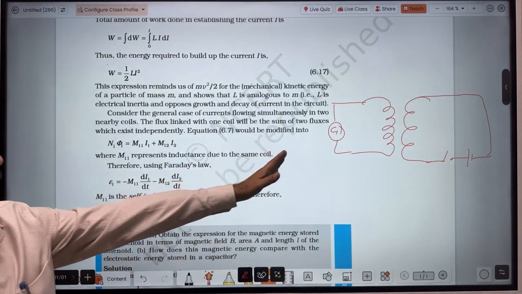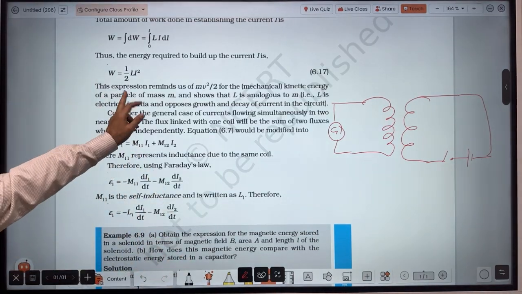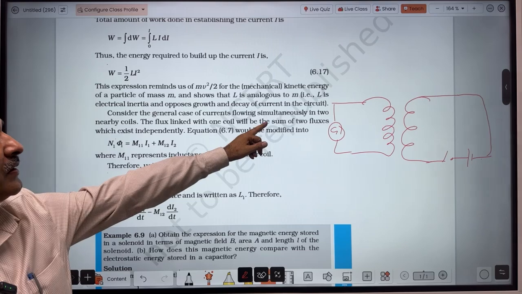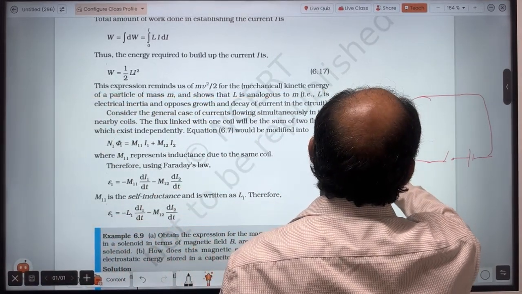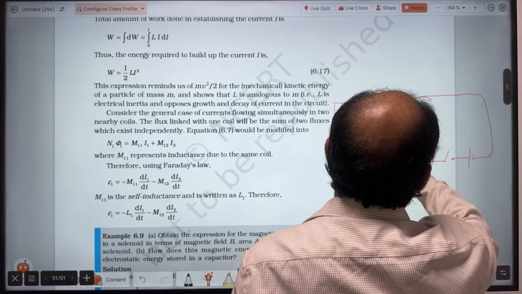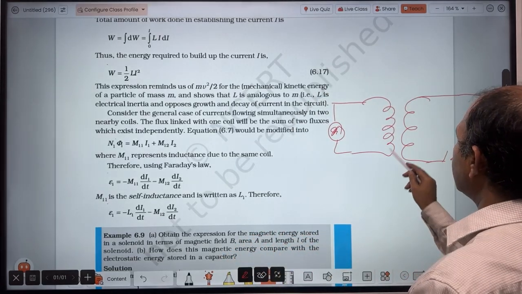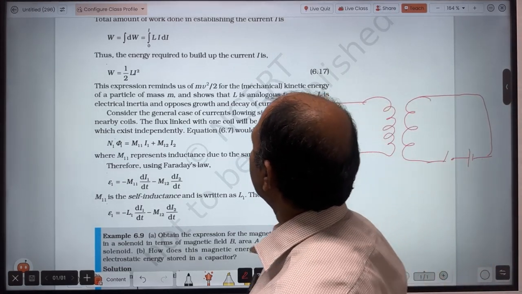But here, since there are two coils, mutual inductance will also be there. So now consider the general case of currents flowing simultaneously in two nearby coils. Here they are saying that this also contains a battery and current flows in it. So it's simple. This was the general case of mutual inductance. They are saying that both coils are having sources and currents are flowing in.